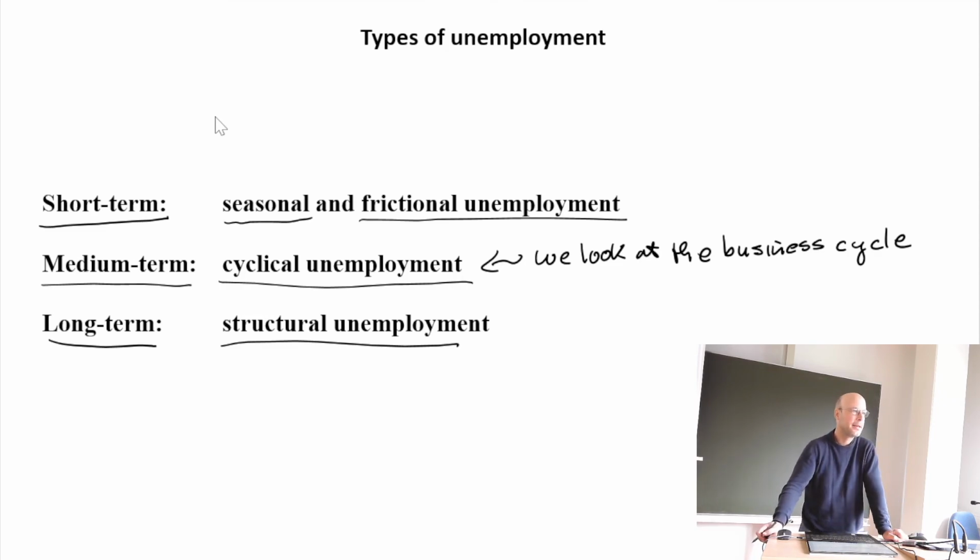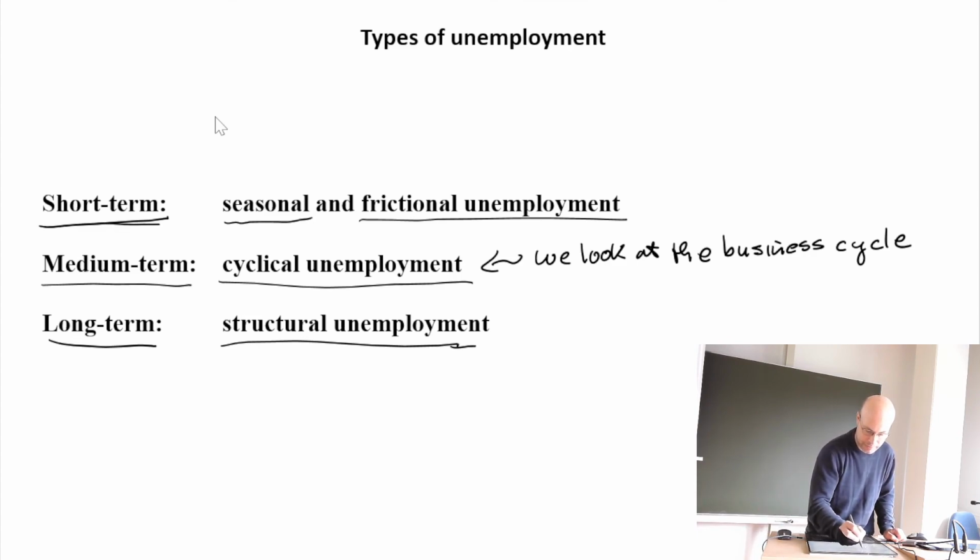And this is maybe the worst one, because in this case, with your education, you are not matching the labor market anymore, and this is then of course a very bad situation.